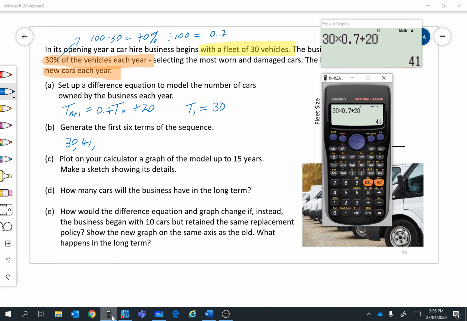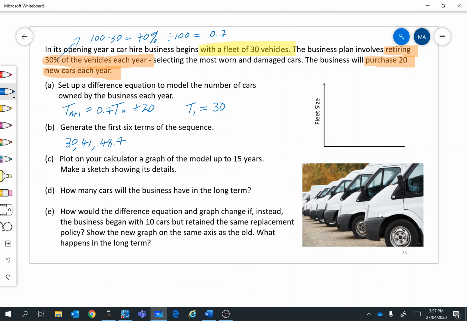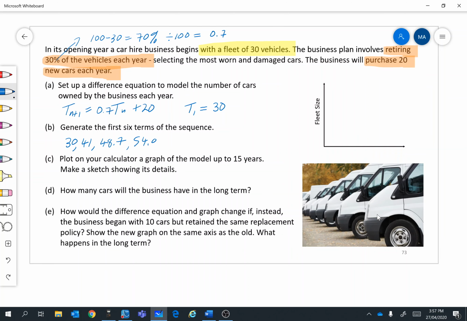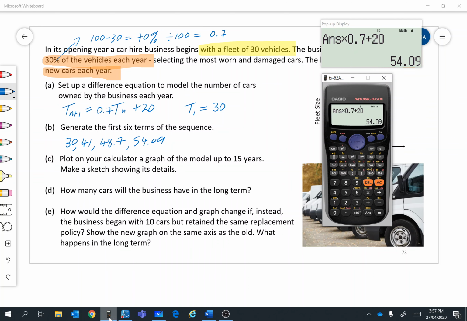Okay, now I'm just going to immediately press multiply, and the calculator carries over that number 41 from the previous answer. I multiply that by 0.7 and add 20, and I've got 48.7 in the next year. And I'm just going to keep doing that until we get to the 6th term. If you were going to give a particular number of cars in a fleet for any particular year, you'd round these numbers to the nearest whole number.